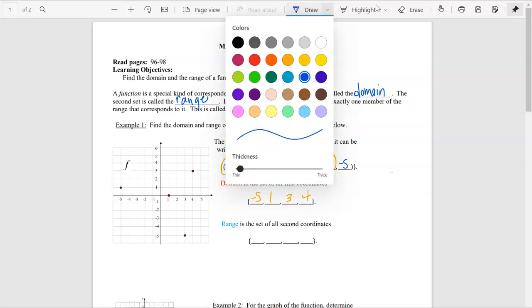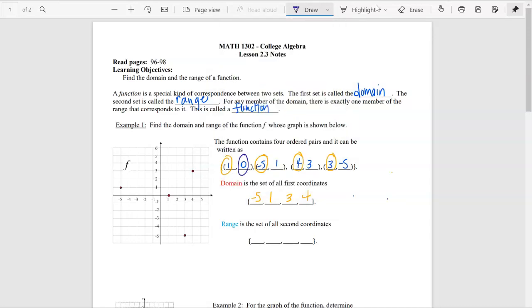When we talk about the range, those are our y values. On our range, the smallest one I see is -5. Then we would have a 0, a 1, and a 3. So this function has a domain of -5, 1, 3, and 4, and a range of -5, 0, 1, and 3.